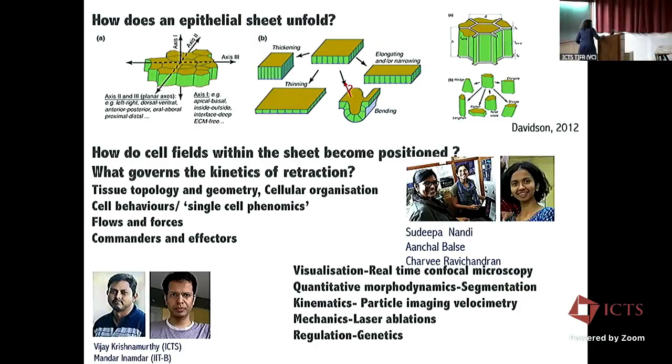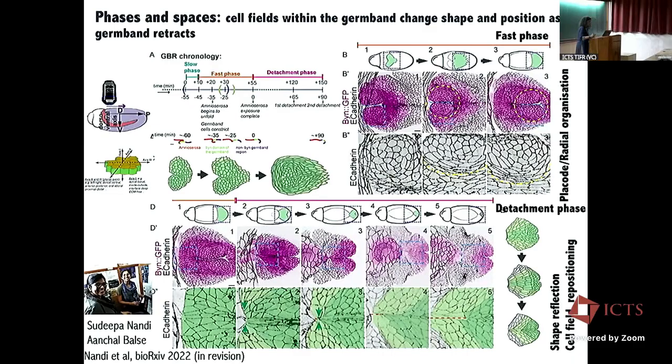And so the first thing we set out to ask was, well, basically, it looks very complex. Can we parse this process into spaces and phases? And I already showed you two parts to retraction. So in the first part of retraction, the thing that hits you in the eye is that the shapes of the cells in this part, the germ band, are not all identical.